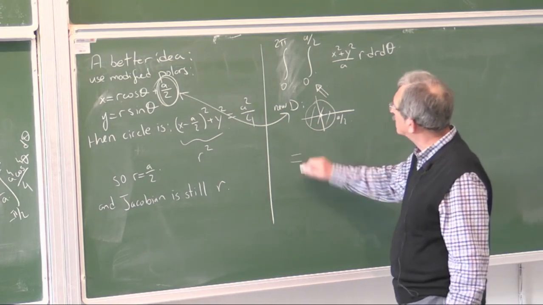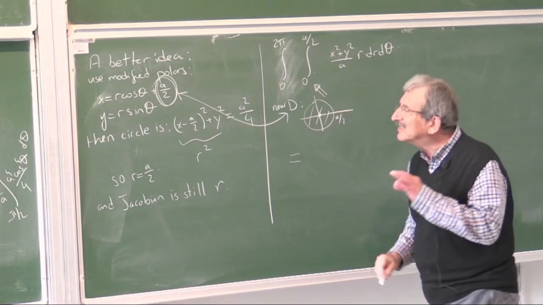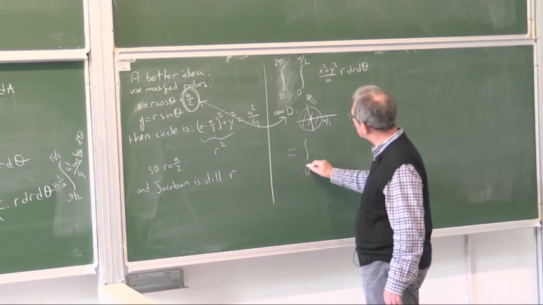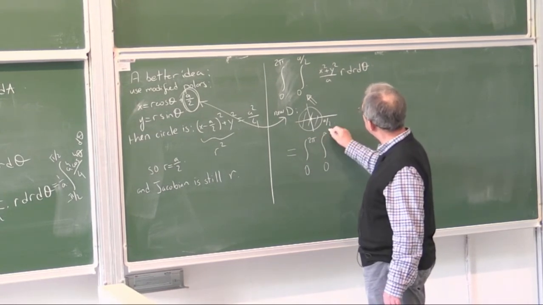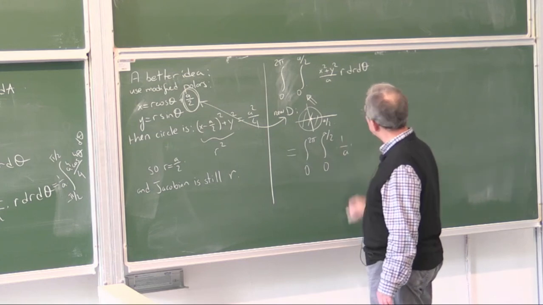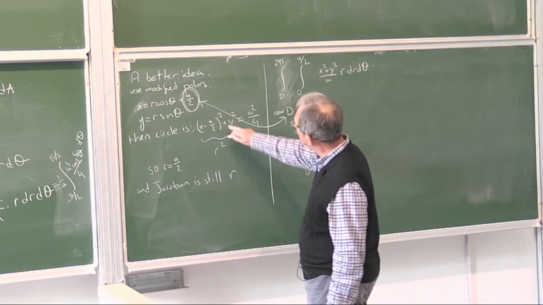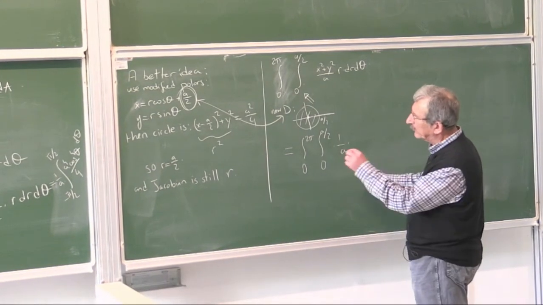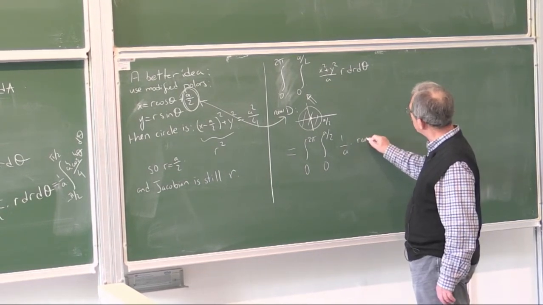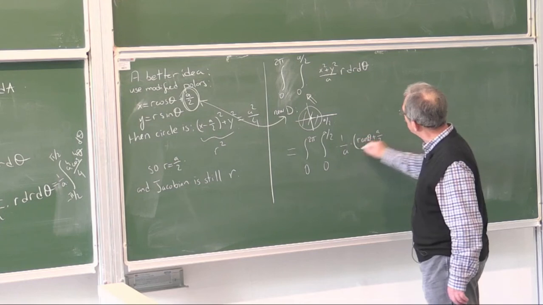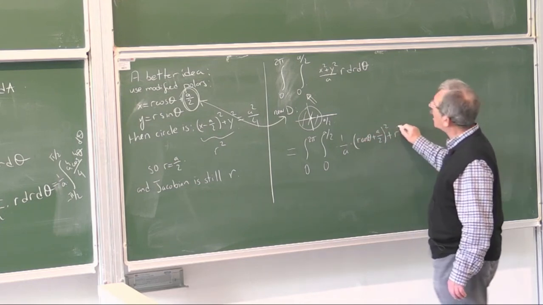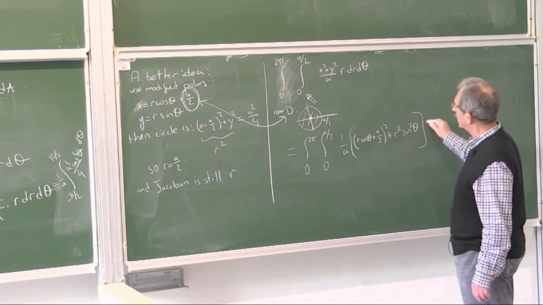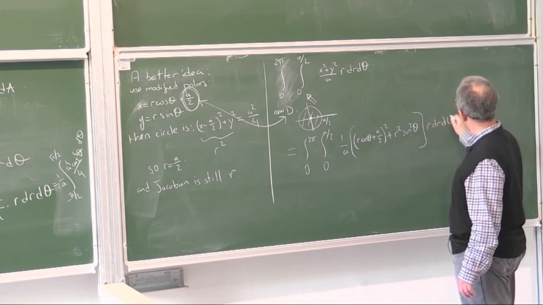Well, but x squared plus y squared is not r squared anymore. We have to be careful there. This is 0 to 2 pi, 0 to a over 2, 1 over a. Now, x squared plus y squared, if you look at here, is a little bit different. It is then, let me rewrite it completely, r cosine theta plus a over 2 squared plus r squared sine squared theta, that's y squared, r dr d theta.